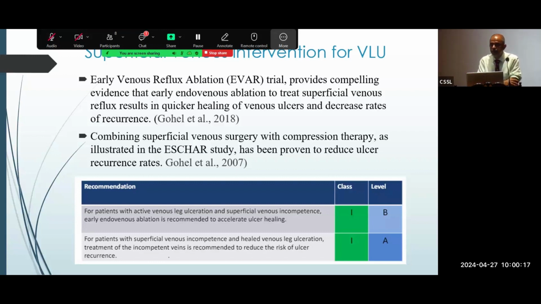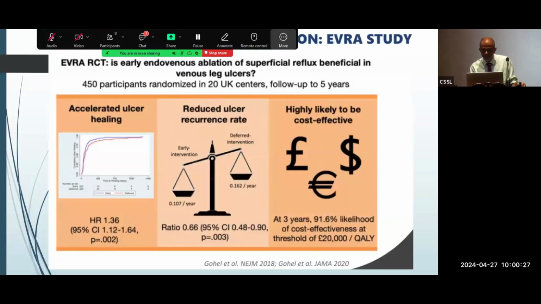This particular trial showed it accelerates healing and also reduces the recurrence rates. So it is cost effective, and all three things happen: it heals faster, recurrence is less, and it's cheaper. It's much cheaper to treat the patient with strapping and the venous intervention.